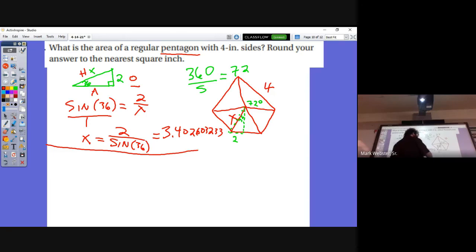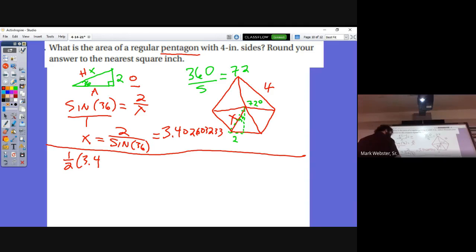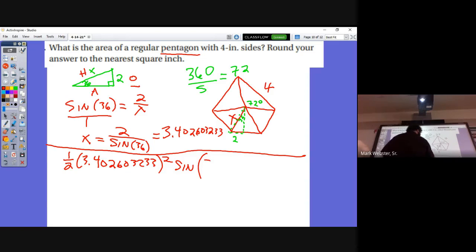So now, let's go back and do the problem. We found the radius, now we can actually do the problem. So 1/2 radius squared times the sine of the pizza slice angle, 72, right?